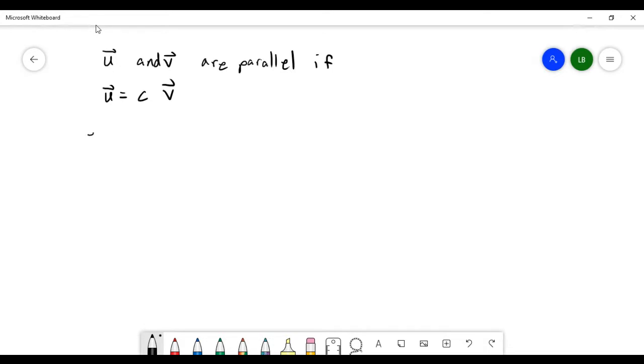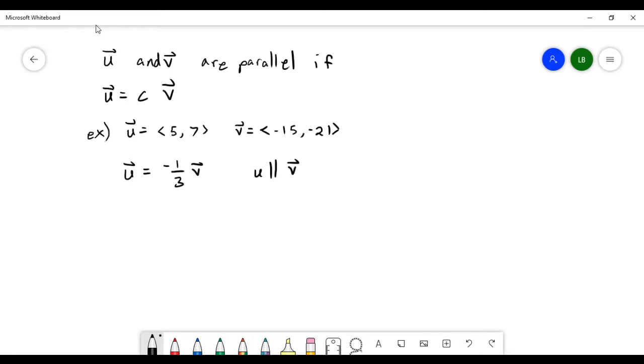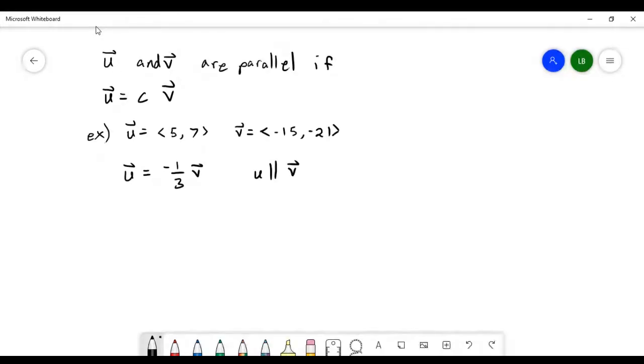So for example, if we have u equal to 5, 7, and v is equal to negative 15, negative 21, well, then we can say that u is equal to negative 1/3 of v, so u is parallel to v, because we found this constant right here.